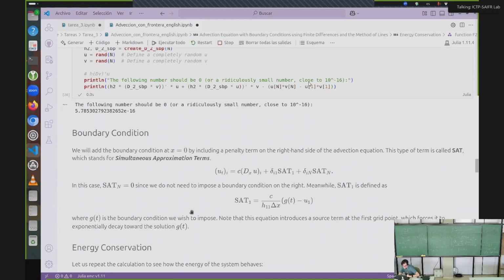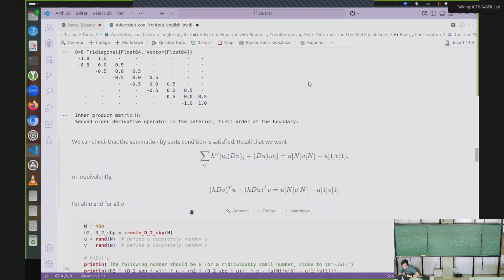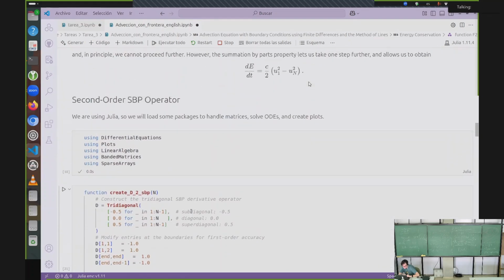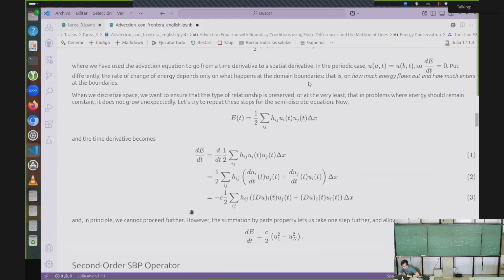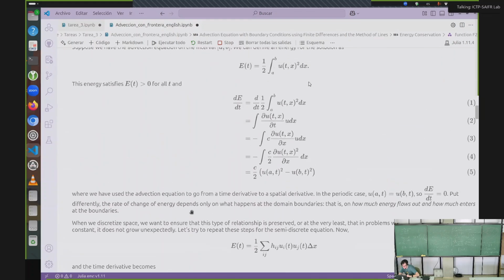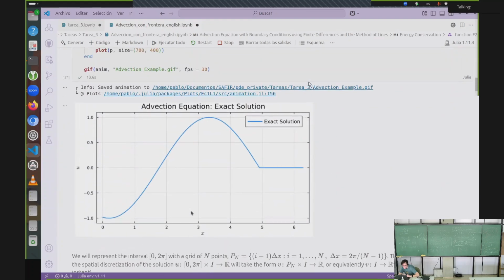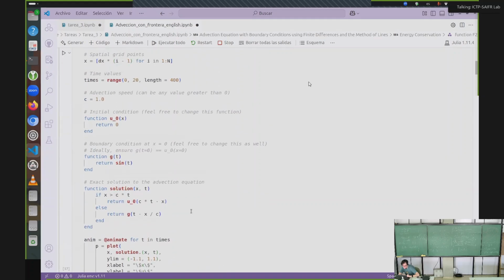Or has anyone had any trouble, some issues with the previous lab, for example, or want to understand a bit more of how this one works?